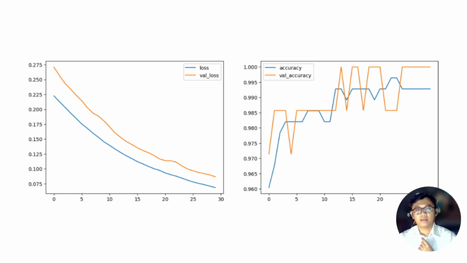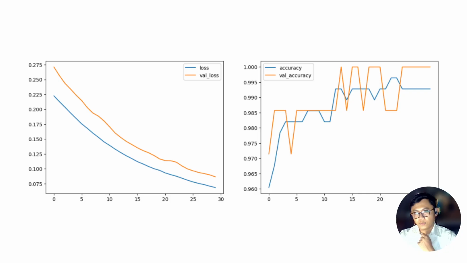So this is the accuracy of our model. The loss is very good, I think, because the validation loss follows the actual loss and the difference is not too far. This means that we successfully created a model that uses the key point features as the input in our deep learning model.